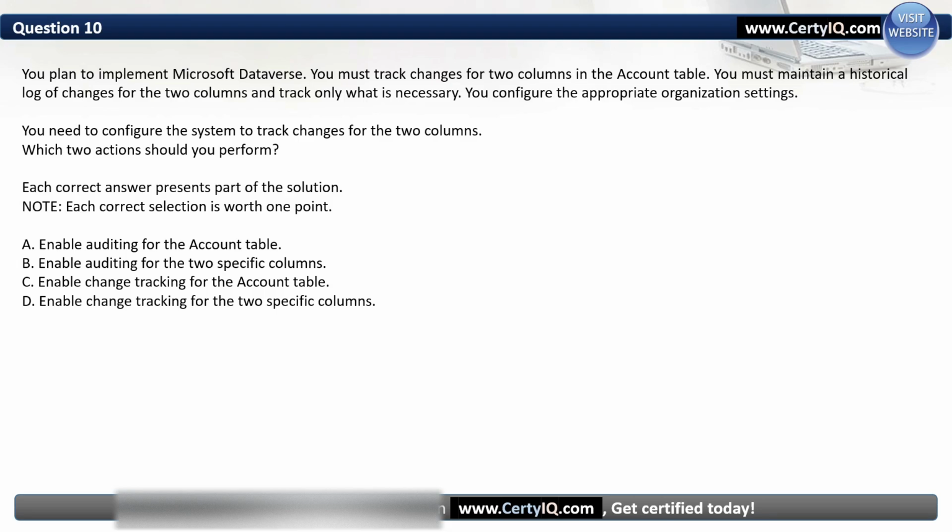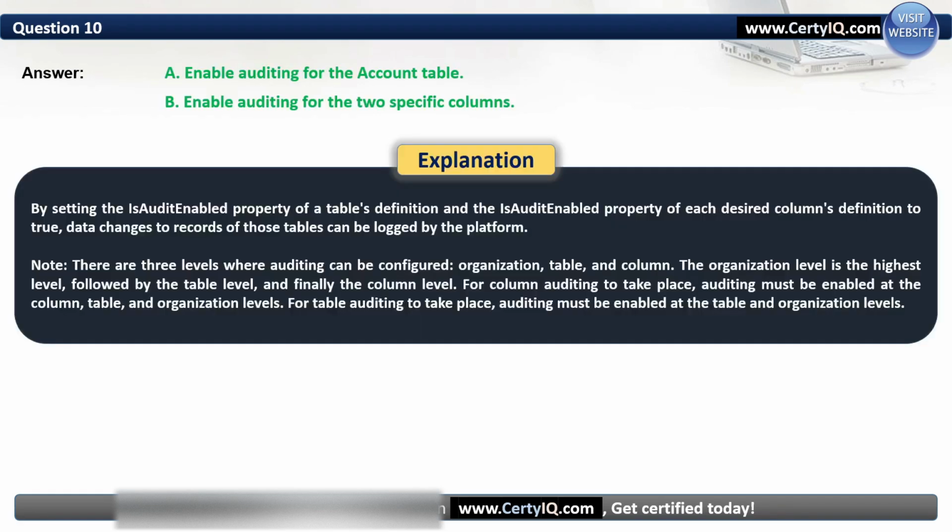The correct options are A and B. That is, enable auditing for the account table and enable auditing for the two specific columns. By setting the is audit enabled property of a table's definition and the is audit enabled property of each desired column's definition to true, data changes to records of those tables can be logged by the platform.